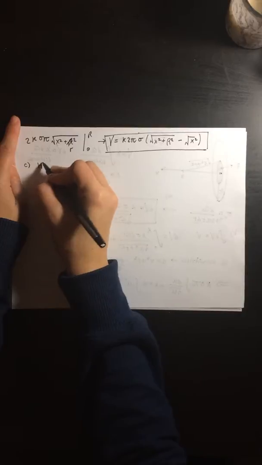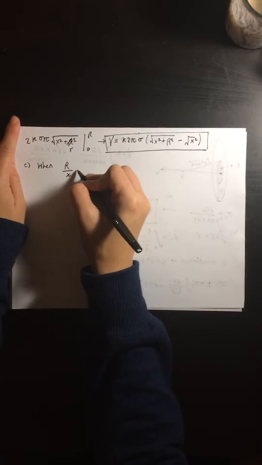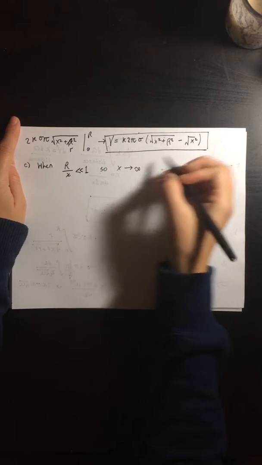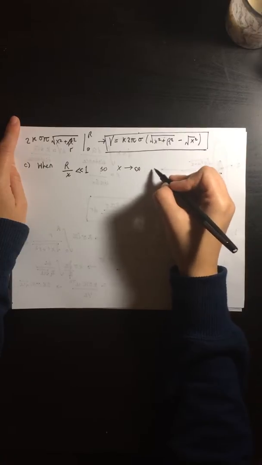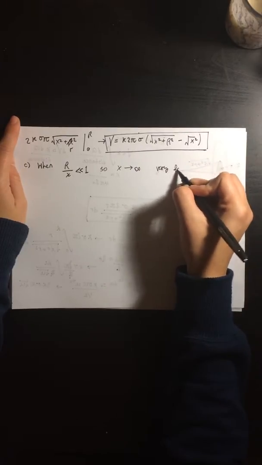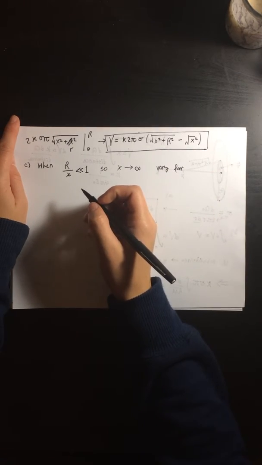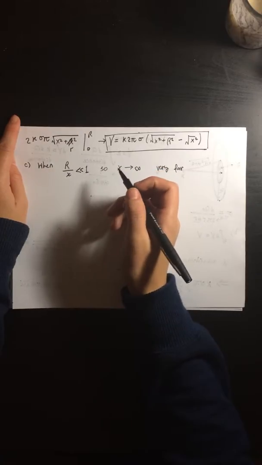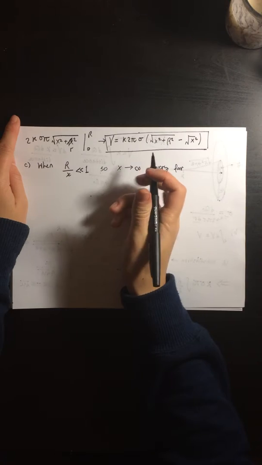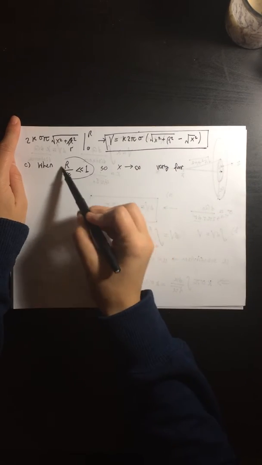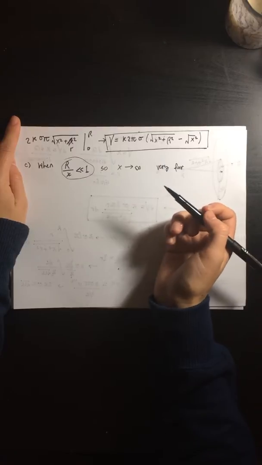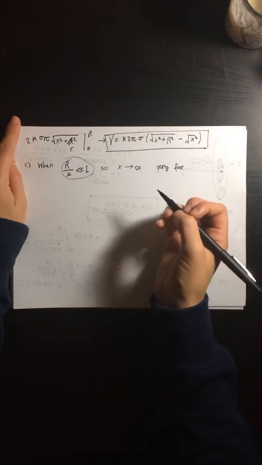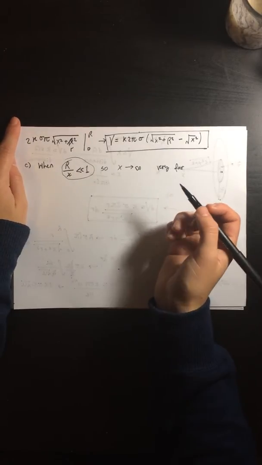So, when r over x is much, much less than 1, so that x is approaching infinity, and it's very, very far, what we want to do is manipulate our formula that we have for v of x, and pull things out in such a way that when we use an approximation that we can only use when this holds, this special case approximation, then we can prove something really meaningful about this situation we're being presented with here.